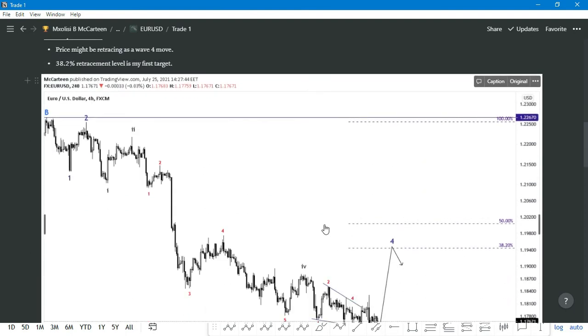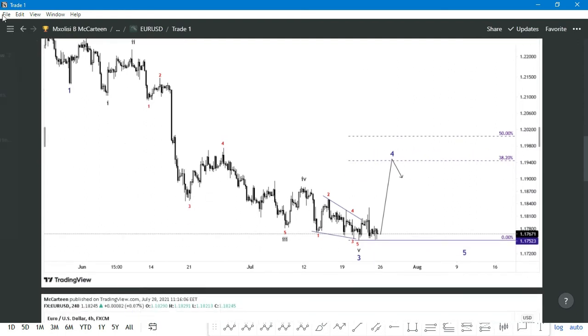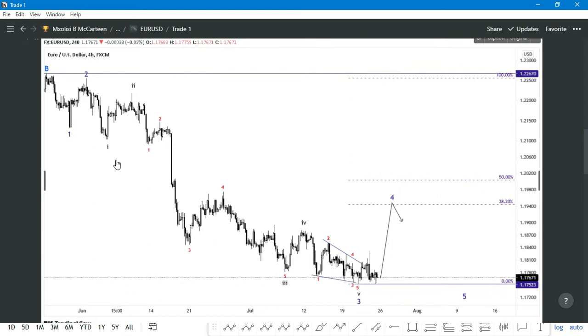So we have this rally as a wave C, and then we have this 1-2-1-2 showing extension, wave 3, 4, 5, the end of wave 3, and then we're expecting wave 4 retracement.